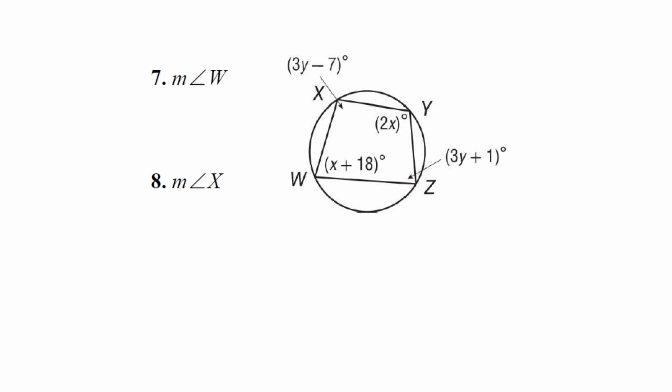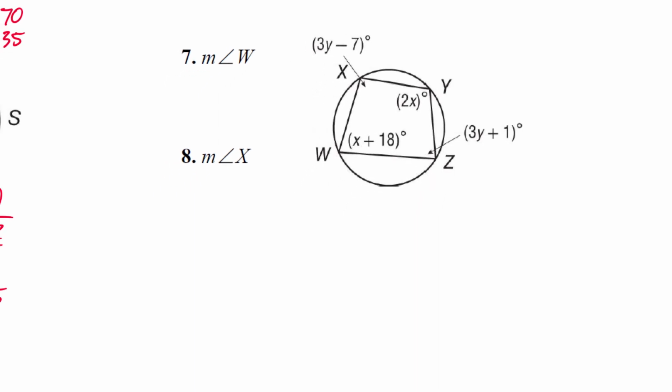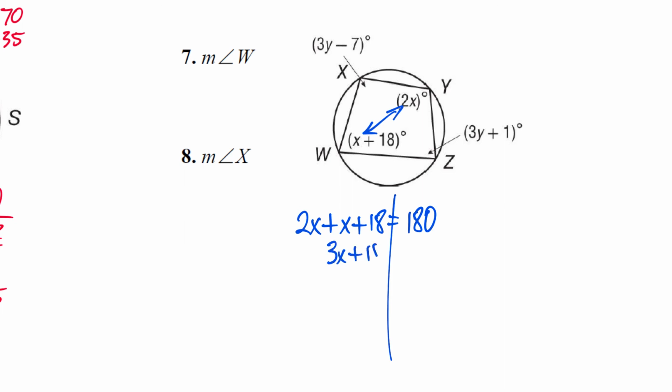Okay, on this one we are going to have to use this. So what's up with these two angles? They're supplementary, so 2x plus x plus 18 equals 180. So 3x plus 18 equals 180. Subtract 18, 3x equals 162.